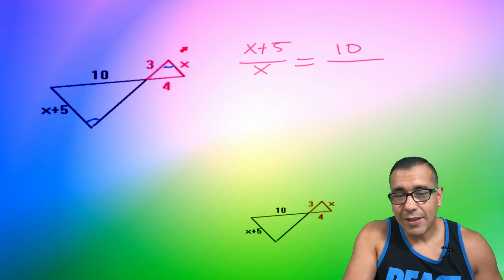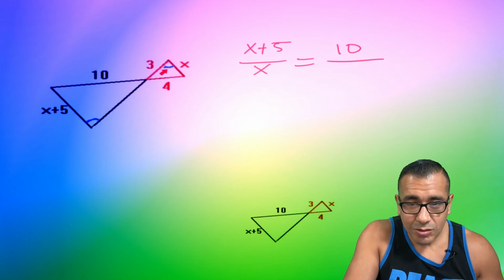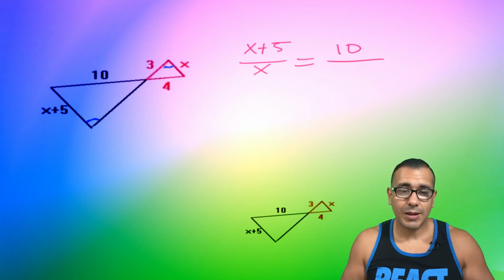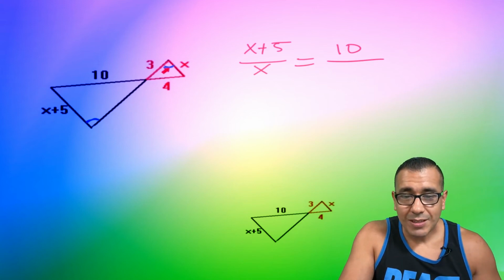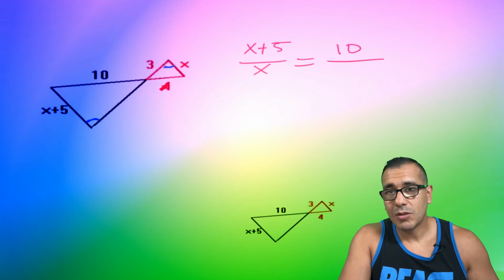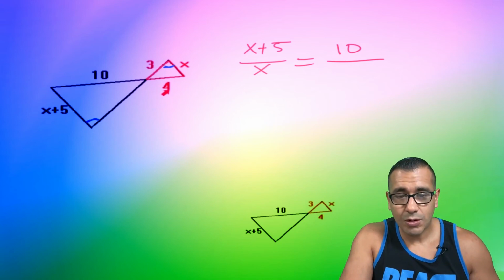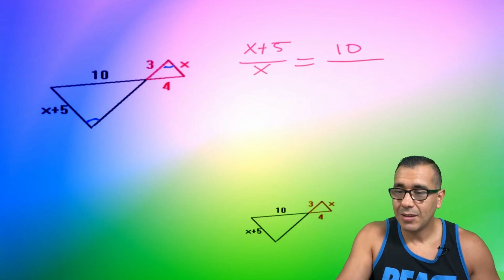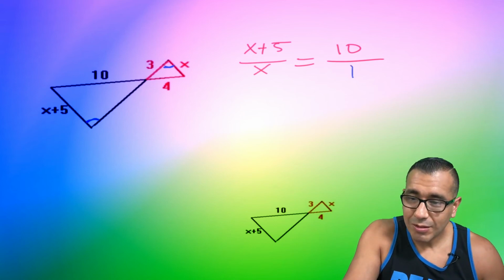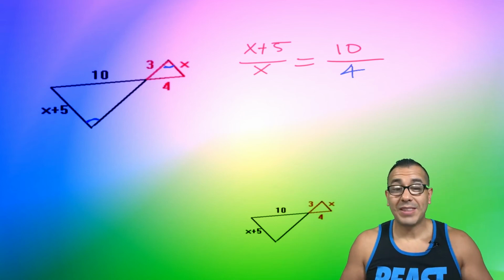So I have alternate interior angles, so these two angles are the same. What that means is their opposing sides are going to correspond. So this 4 is going to correspond with this 10. So the one we're going to use down here is 4, not the 3.